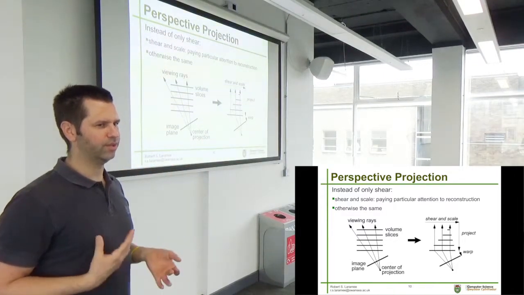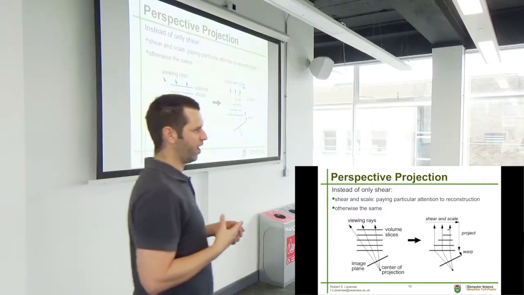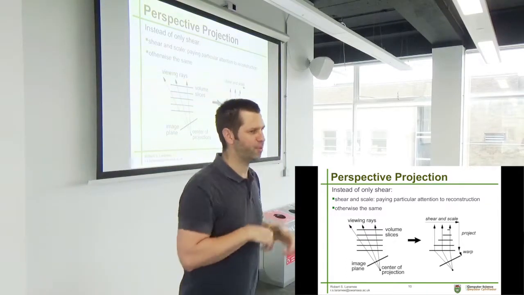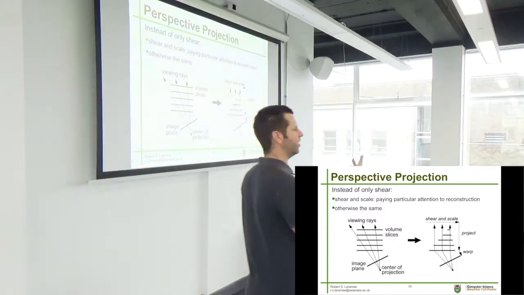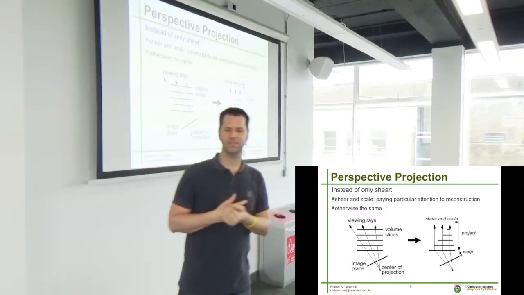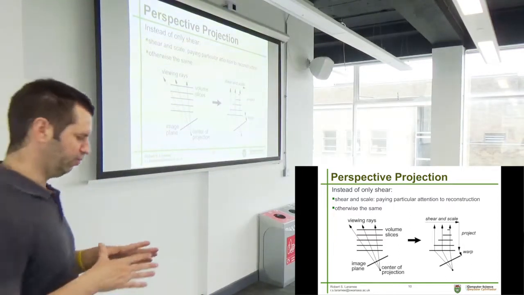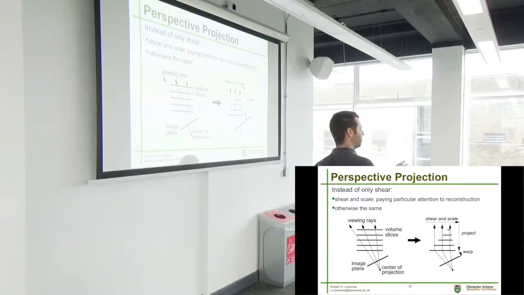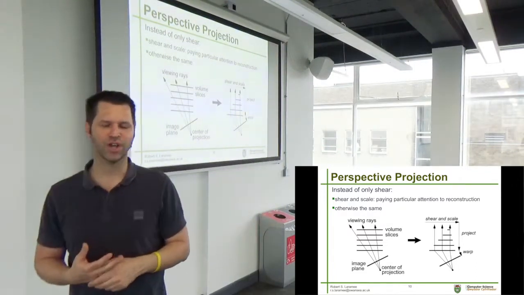That's one of the ways we perceive depth, based on the fact that the rays coming into your eyes are not parallel, and therefore our sense of depth is enhanced. Now, if I try to make the rays non-parallel to more mimic the human visual system, that's called perspective projection.